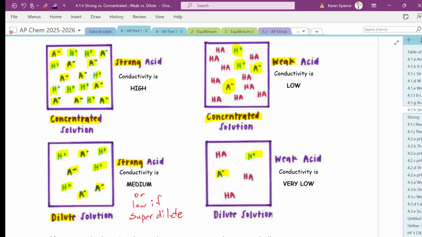Now, shall we see how much we have to dilute our HCl by to get it down to the same as the 1 molar acetic acid? Let's do our 1 molar acetic acid for reference. This is our 1 molar weak acid.